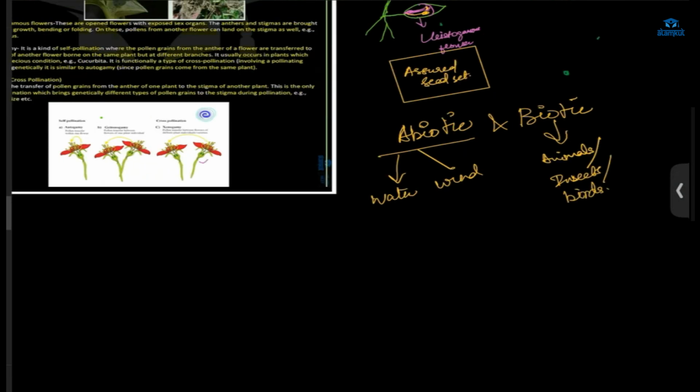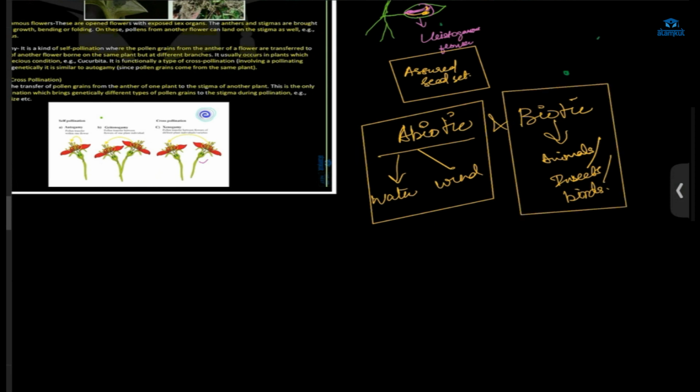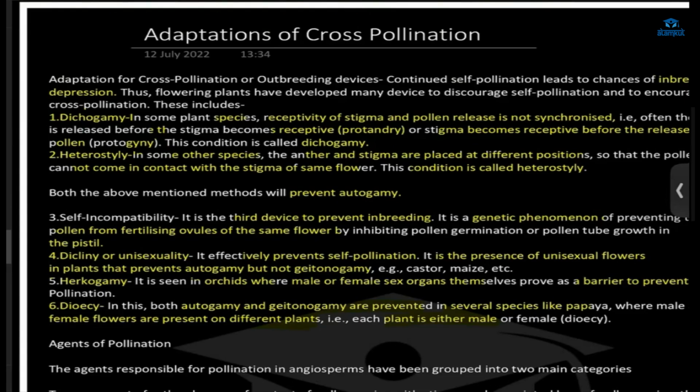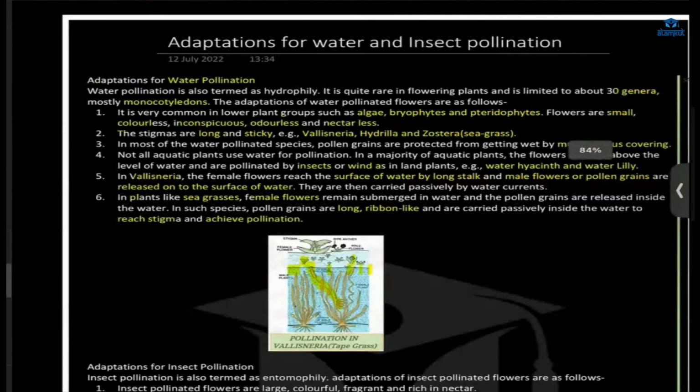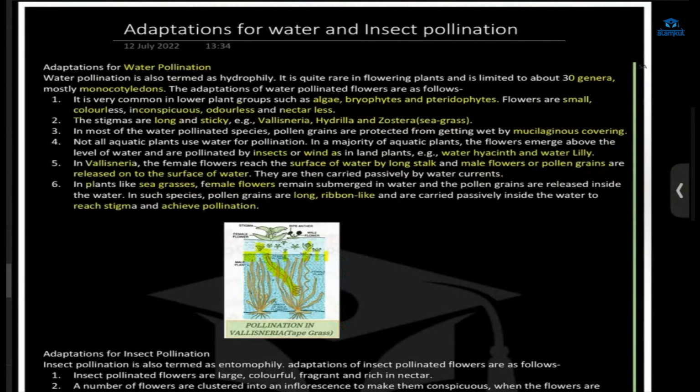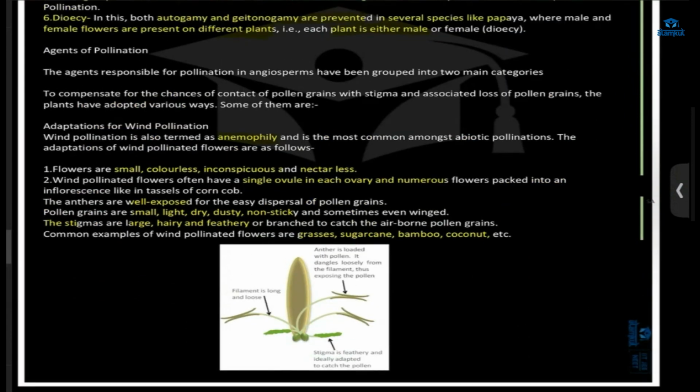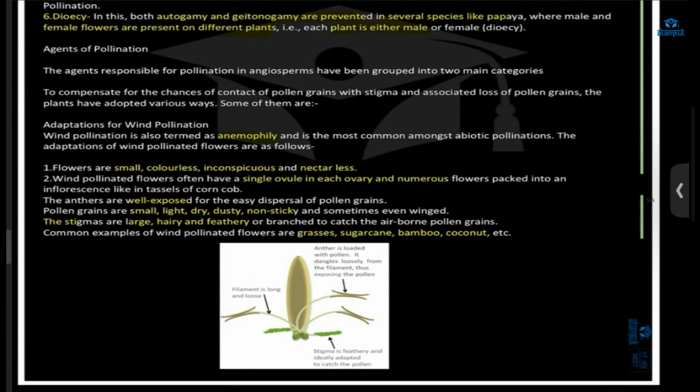The plants adapt accordingly to the biotic and abiotic conditions. So we have adaptation for insect pollination, for water pollination, and for wind pollination.